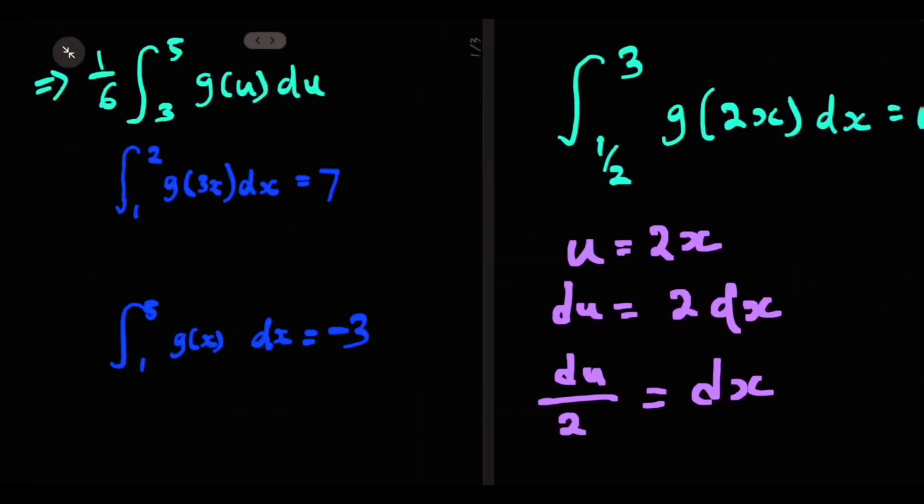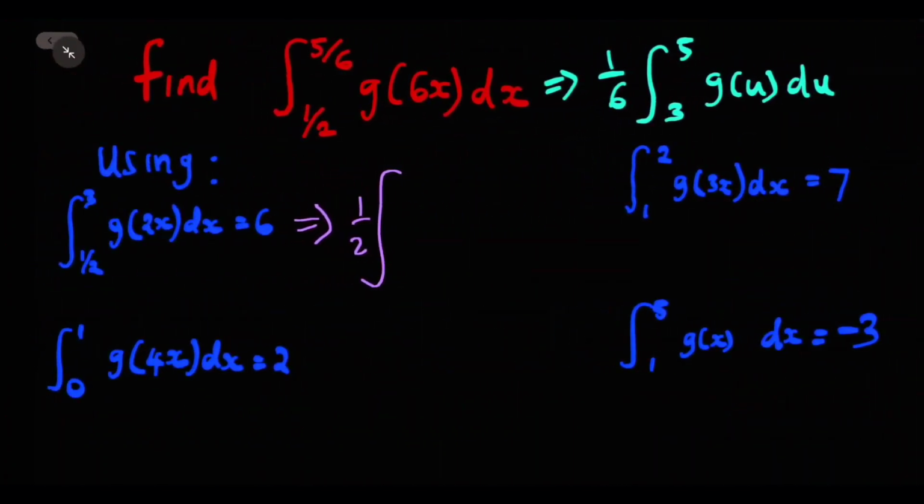So that's a new expression. Let's just put that down. So here we have g of u du equals 12, going from 6 to 1.